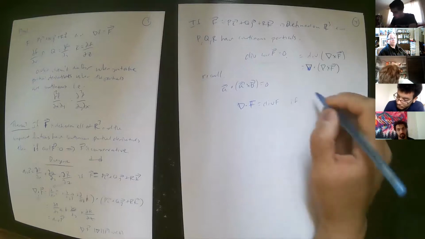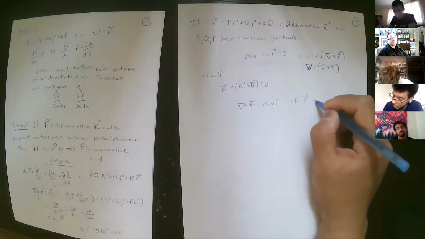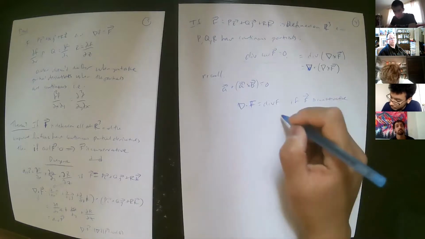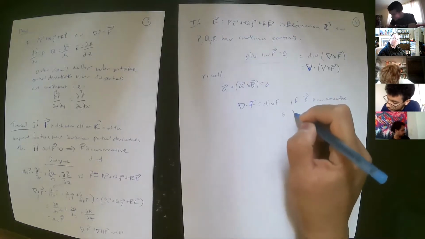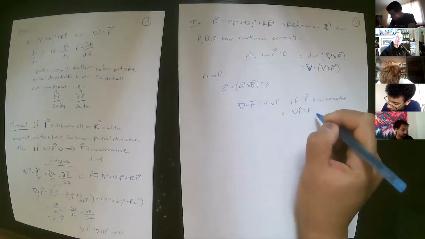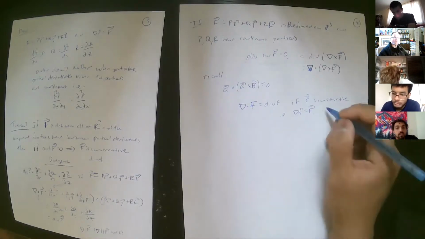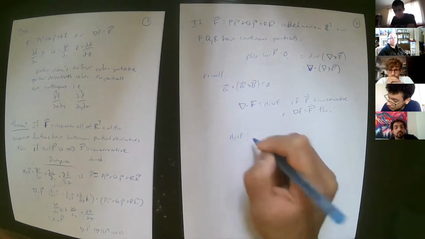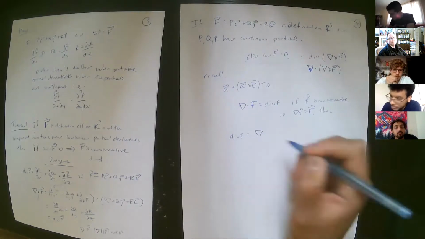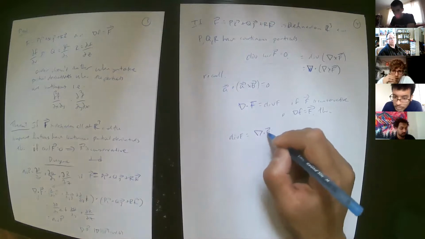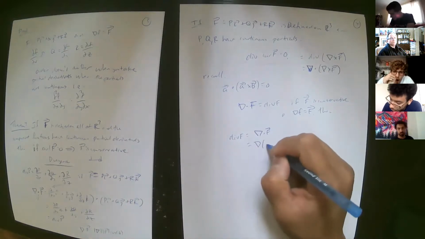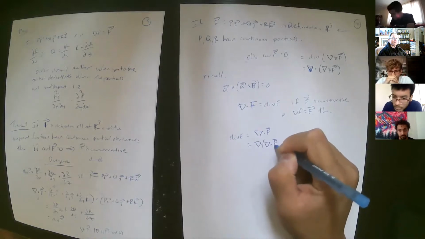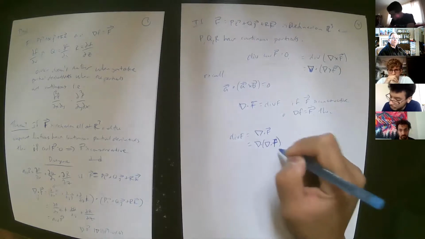Now, if f is conservative, i.e. df is equal to f, then divergence of f is equal to, which is equal to this, f, lowercase f.